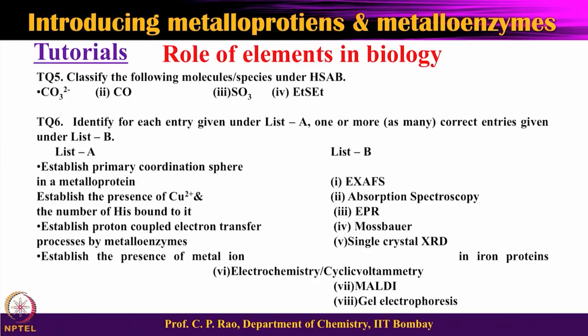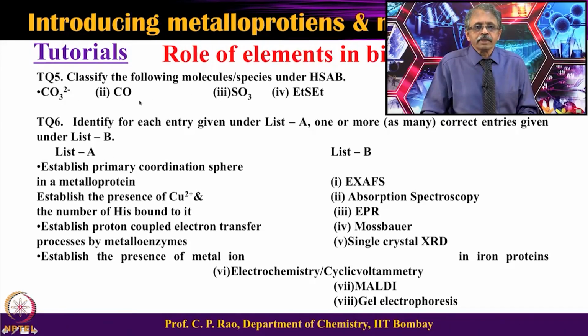There is some exercise on hard and soft acids and bases. As you know, if you have a species, you have to identify which atom would be binding. First, for that atom, whether its oxidation state or formal oxidation state, size and parameters, you need to think in your mind before you can decide whether it is hard or soft.